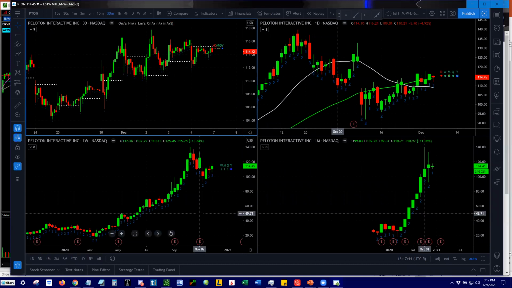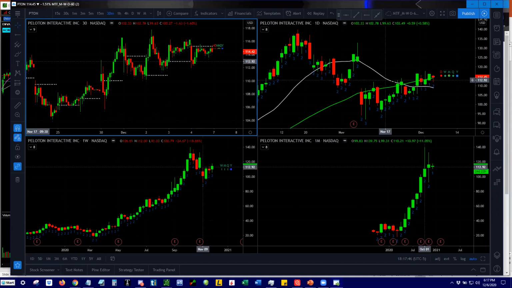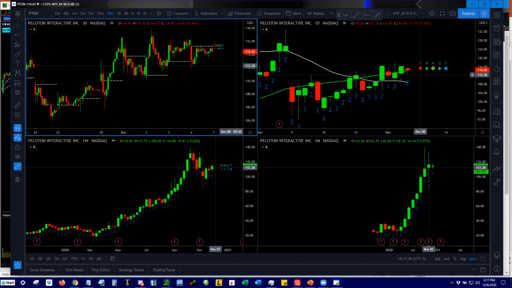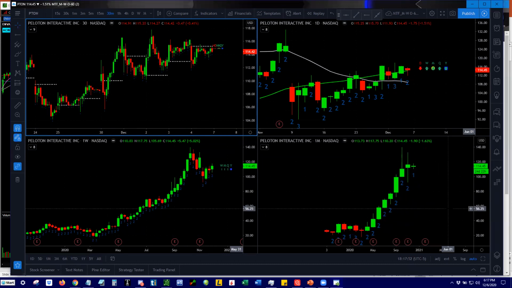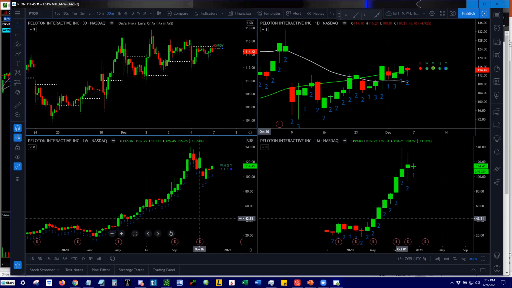It's so funny. All right, so we're inside and up on the monthly. And I found on the monthly, when you've got that kind of spinning top candle, spinning top doji, where the body of the candle is in the middle of long wicks, that tends to be one of those equilibrium pauses before something goes higher.